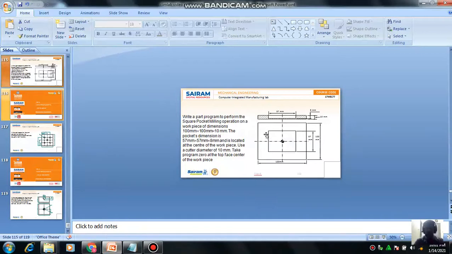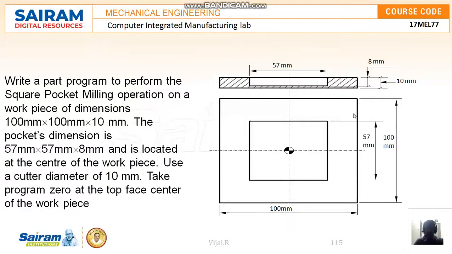So here, since it is 57, we are going to have 28.5 in this direction and 28.5 in this direction. So from here X28.5 and here X minus 28.5, like that Y28.5 and Y minus 28.5.